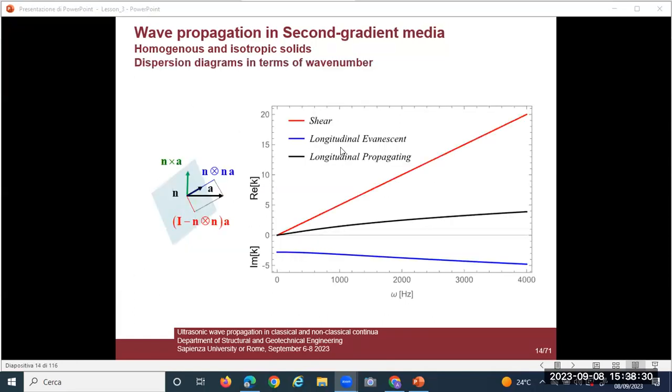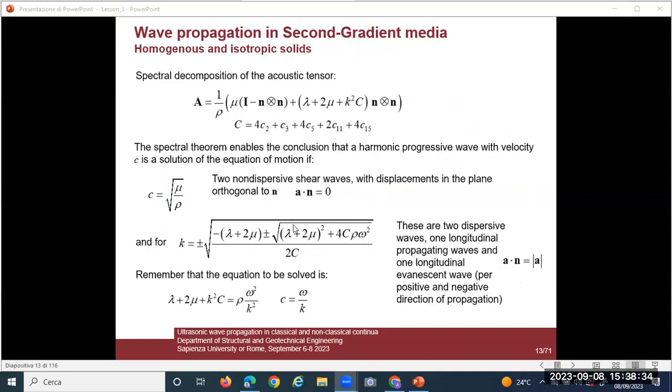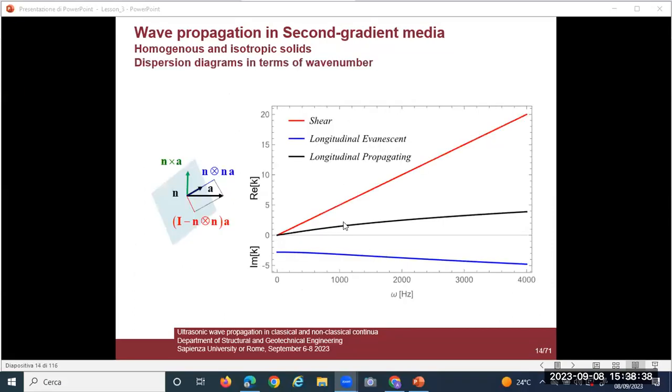These other couple of waves are exactly this other couple. One is the one with the plus and the other is the one with the minus. The black one is the longitudinal propagating, and the blue one is the longitudinal evanescent.